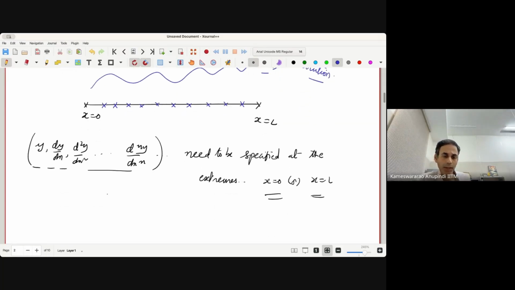Now again, as we just said, these n values need to be specified at either of the boundary points that we have.